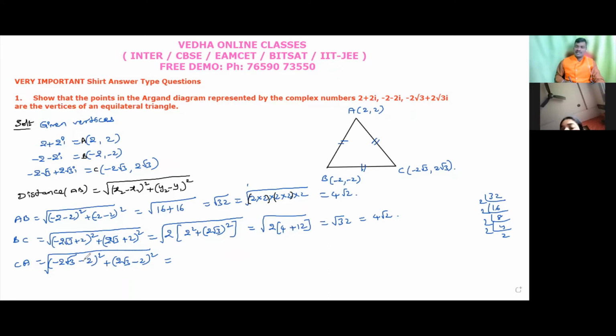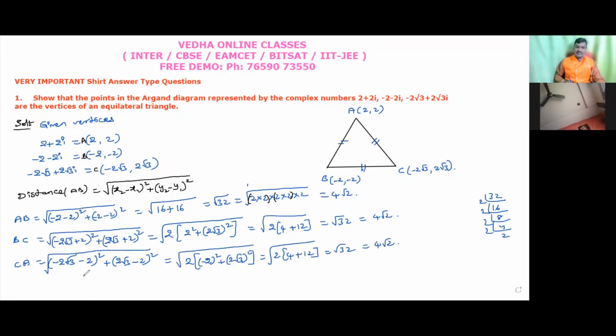Considering A as minus 2, under root, 2 into ((minus 2) whole square plus (2 root 3) whole square). So 2 into (4 plus 12), which is root 32, and that is nothing but 4 root 2.